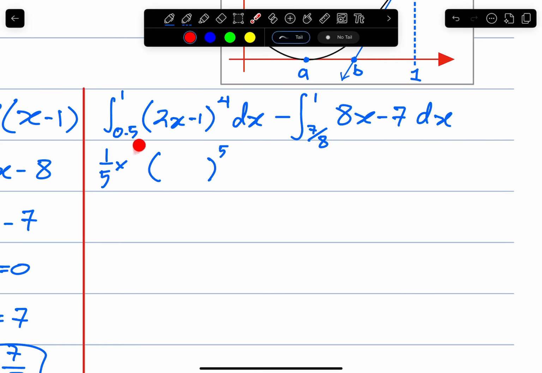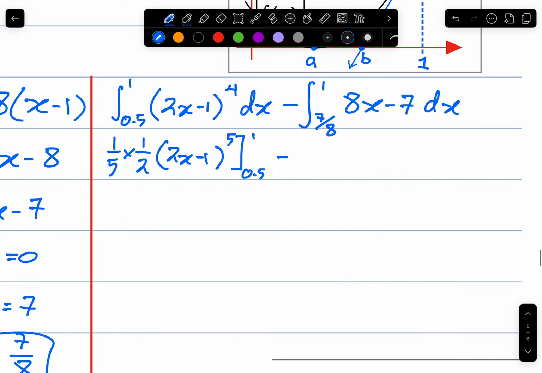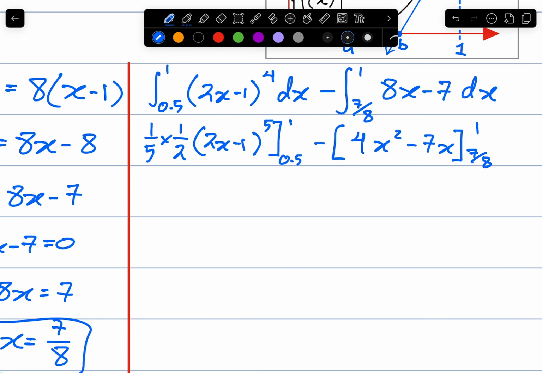So the derivative of this is 2, giving 1/2, and the inside will remain the same, from half to 1. Minus, and this one we can integrate as per usual: increase the power by 1, divide by the new power. Constants just simply get the variable. And then we're practically done.